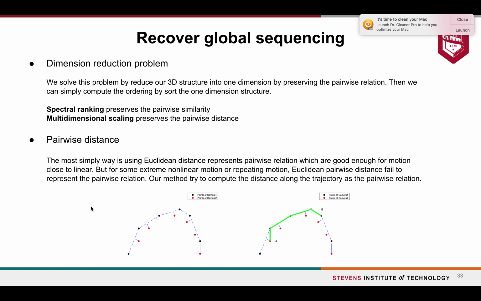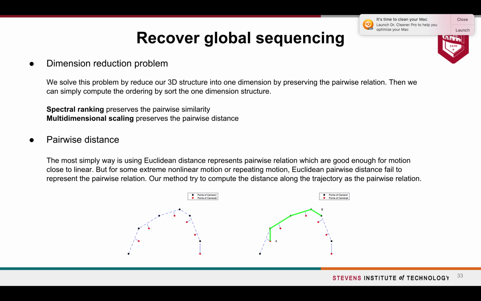And the key point is how we compute this pairwise relation. The simplest way is to compute it based on the Euclidean distance, which will perfectly represent the relation when the motion is close to linear.